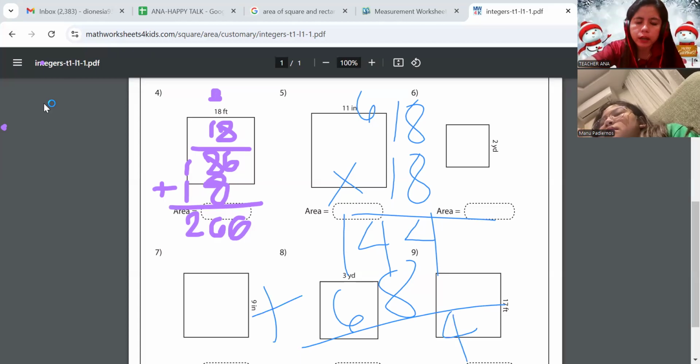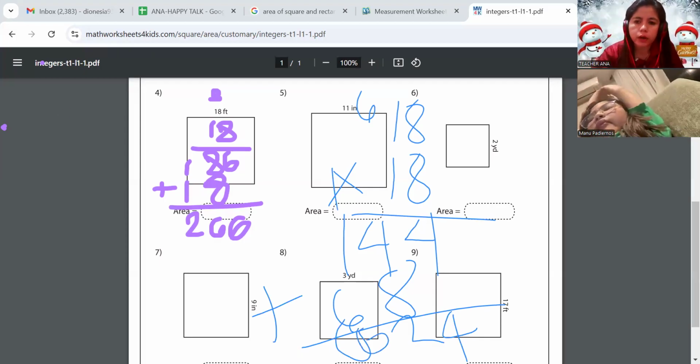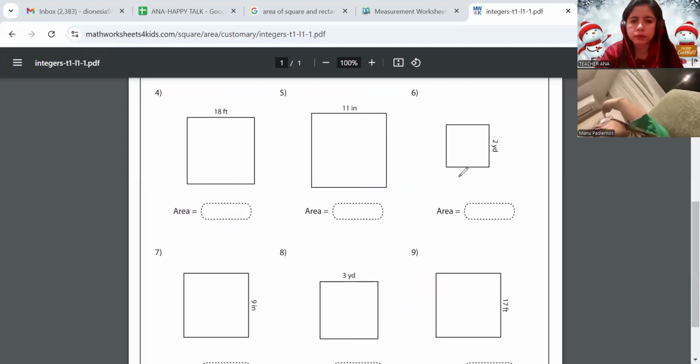Plus 6, 8 plus 4 is 12. Carry 1, 6, 7, 8. The answer is 324. Okay, what are you doing? Focus on your lesson, Mano.